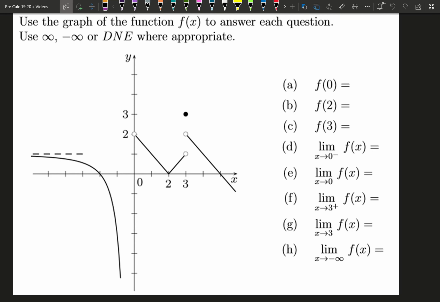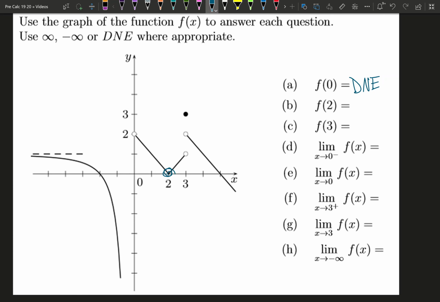F of 0, f of 2, and f of 3, these are just looking at what the y-coordinates of the function are at these points. So f of 0, we take a look at x equals 0, go see and find the function, and since this is an open circle, this does not exist. The function is undefined at that value.